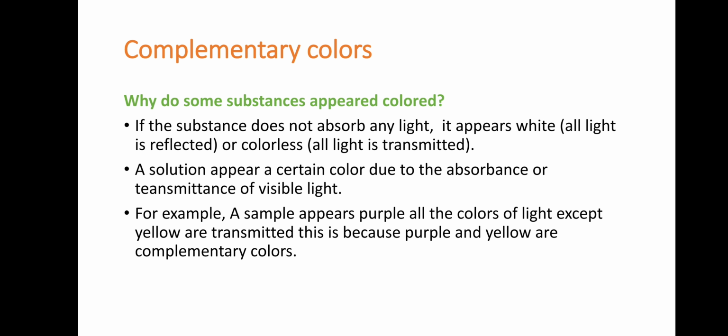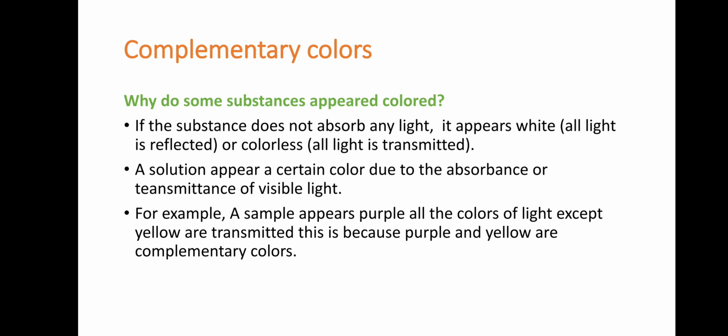If a substance is colored, it absorbs or transmits visible light. If a substance is colorless, all the light is transmitted through it. If the substance is white, the light is reflected. All the light is reflected, and only then is the substance white.